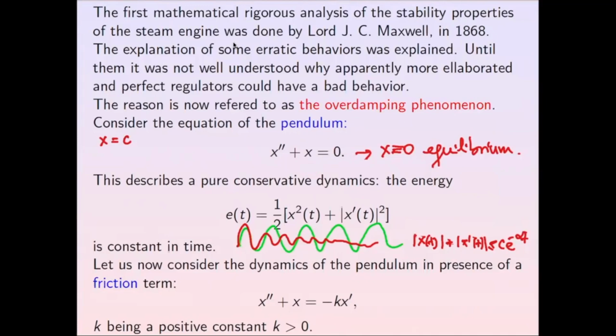The only one possible is z equals 0. Why? Because when you compute the derivative of x, if x is a constant, the derivative is 0 and the second derivative is 0. So in order to guarantee that x double prime plus x equals 0, you need z to be equal 0. So 0 is the only equilibrium of the system.